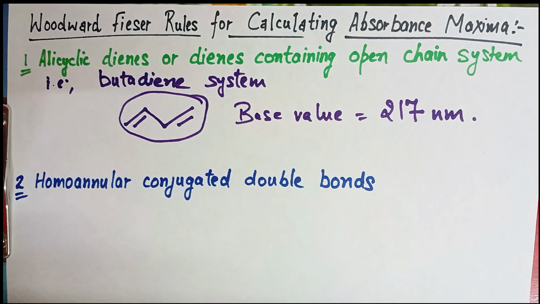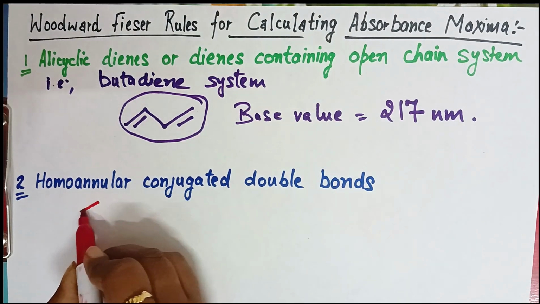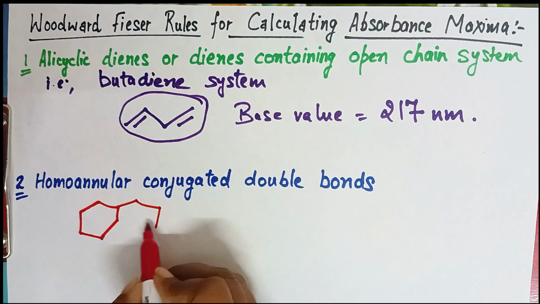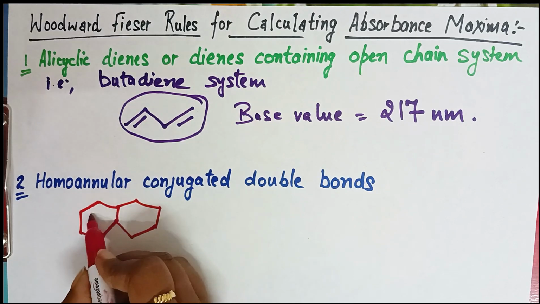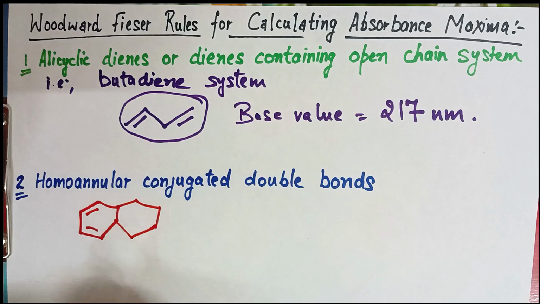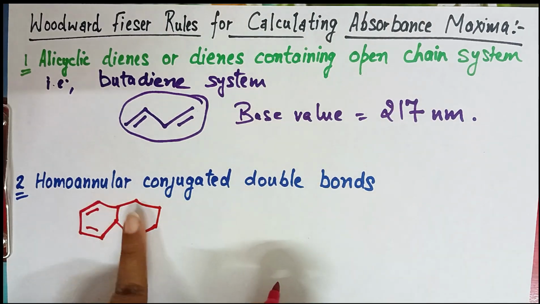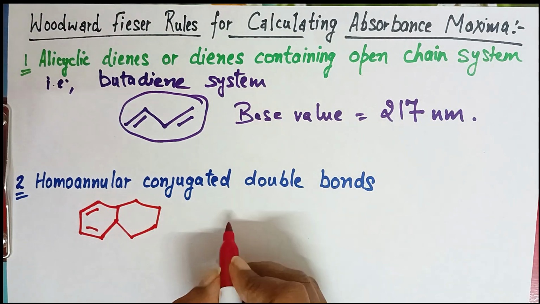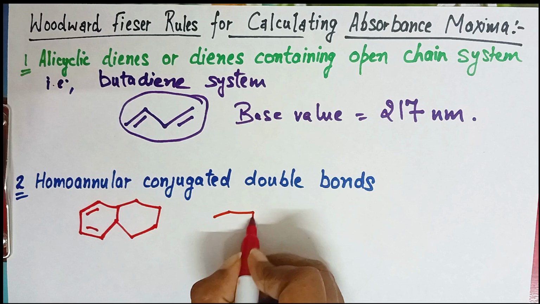Next, if we have homoannular conjugated double bonds, what do I mean by that? If we have a system like this, homo means same. So this type of homoannular conjugated double bond system, another example could be like this.